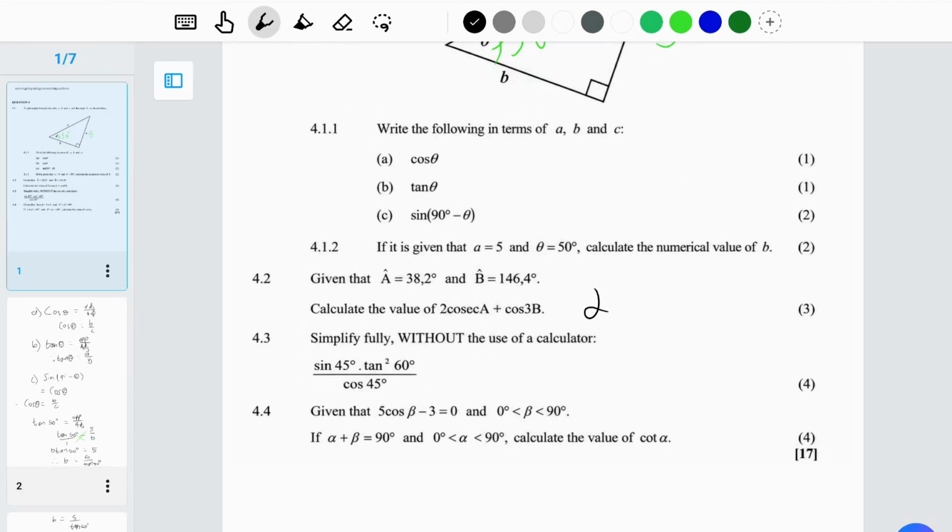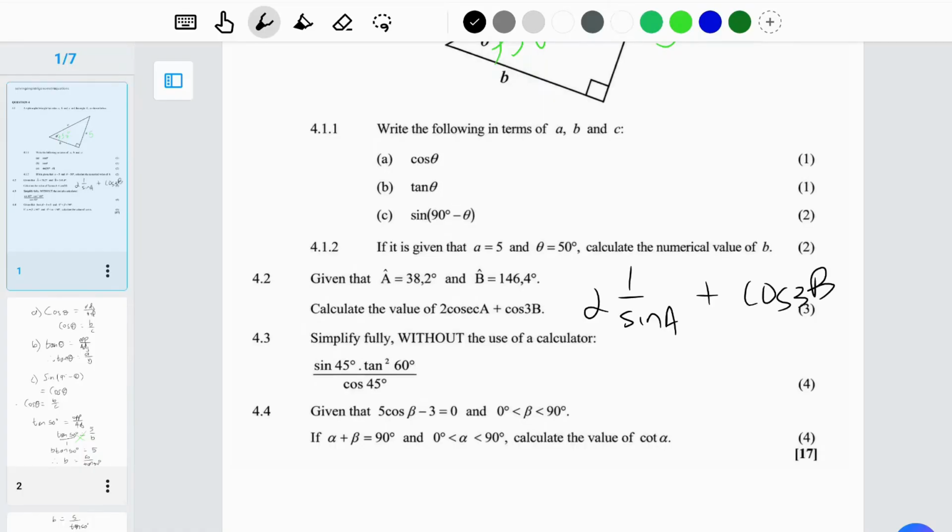What you should know about cosec is that you have cot, you have cosec, and cosec is 1 over sine A, because cosec is 1 over sine. Plus cos 3B.